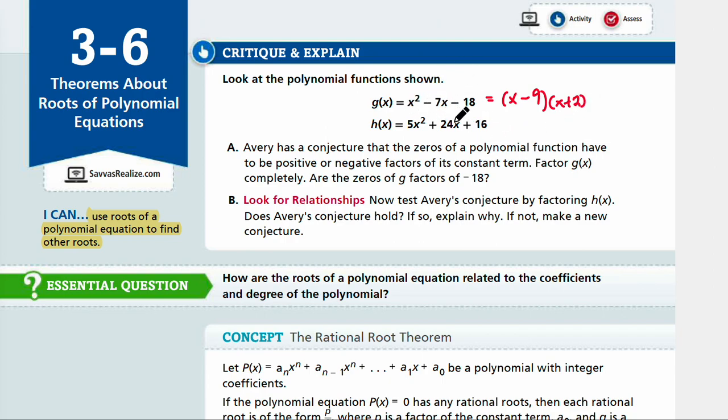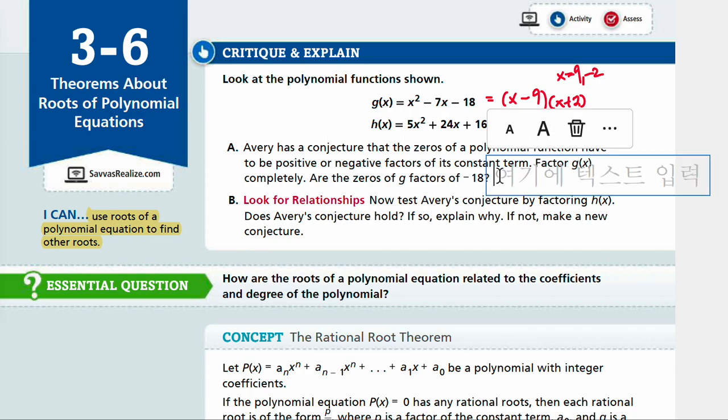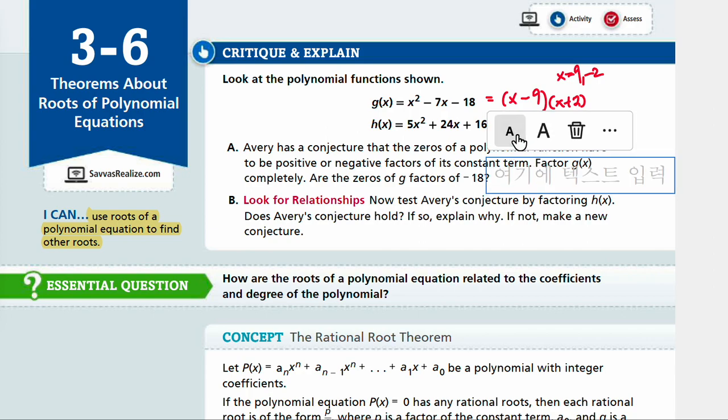Are the zeros of g factors of negative 18? From the factors, we know that the zeros are 9 and negative 2. And they're both factors of negative 18 as well. So yes, they are both factors of negative 18.